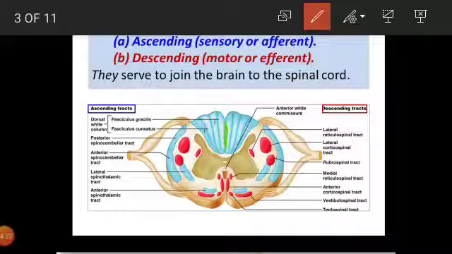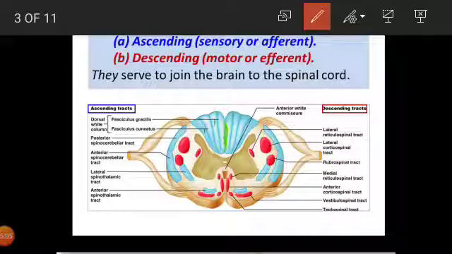More medially is the fasciculus gracilis, which takes the information from the sacral and lumbar portions. This is better to remember, as gracilis is the muscle located in the medial compartment of the leg. So more medial to the posterior commissure is the fasciculus gracilis. More lateral to the fasciculus gracilis is the fasciculus cuneatus, which is responsible for carrying the sensory information, or afferents, from the thoracic and cervical parts respectively.